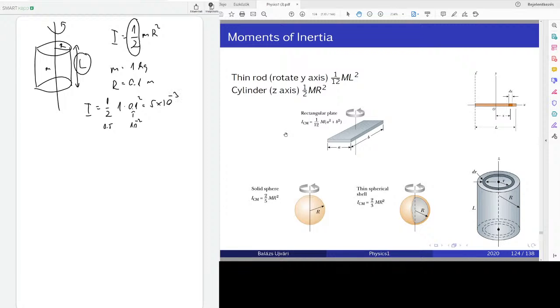This is kilogram meter squared. Let's suppose we rotate this body with the angular velocity omega. What is the kinetic energy of this cylinder? 1 over 2, that's from the formula of the kinetic energy, then we should write the moment of inertia and omega squared. Let's say omega is 5 1 over s.